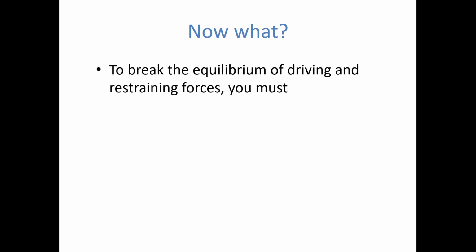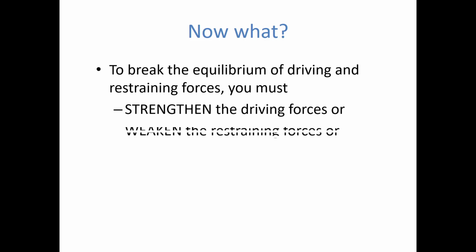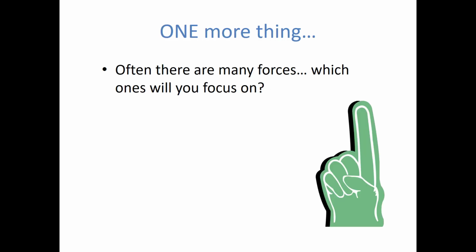To break the equilibrium of driving and restraining forces, you must either strengthen the driving forces, make them stronger, or weaken the restraining forces, or do both at the same time. But often there are many forces. In fact, I overly simplified this situation by giving you only two at a time.